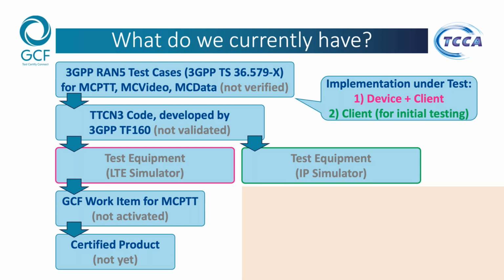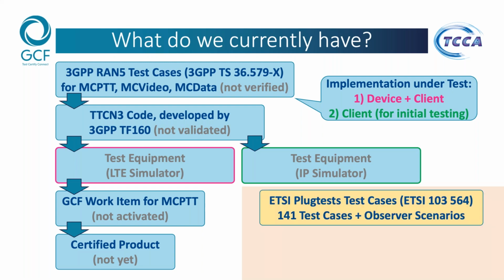Currently, I'm aware of 3 different projects, all funded by the US NIST, National Institute of Standards and Technology, which are developing this kind of test equipment, an IP simulator, which can also lead to an LTE simulator later. Once we have this, we can validate and verify the test cases, activate the GCF work item, and then we can also test and certify products.